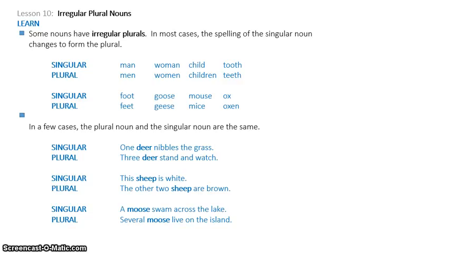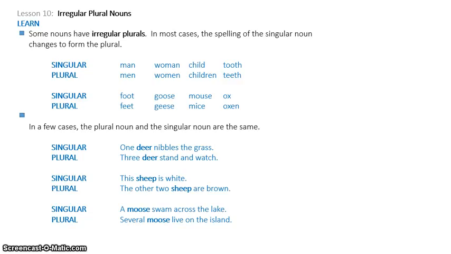If you just had those two sentences by themselves and I asked you to identify which one was the singular noun and which one was the plural noun, you could do it because all you have to do is look at the word right in front of it. So we know the singular one is 1 deer, and the plural one is 3 deer.